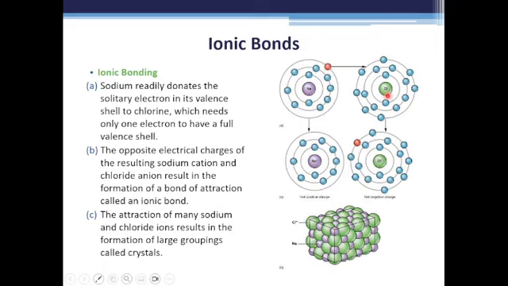Chlorine gains an electron and becomes Cl minus. And they form an ionic bond. It's important to understand that ionic bonds are not true sharing bonds, but instead are purely an electrical attraction between charged particles.